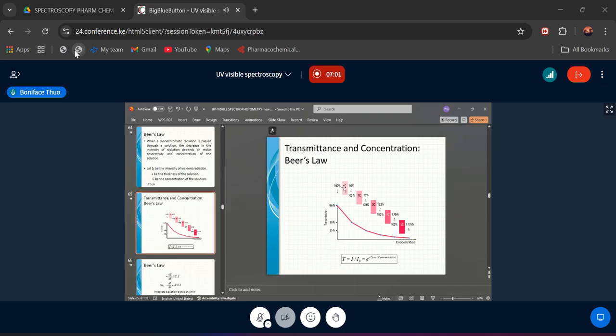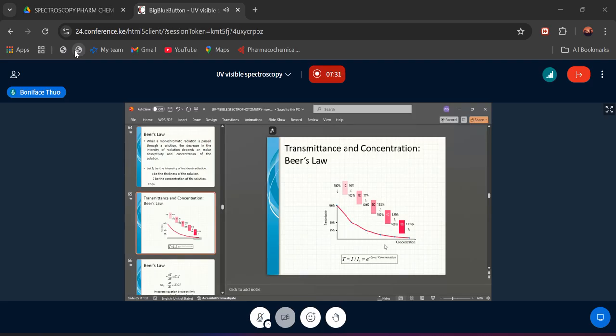If you had several concentrations of the same solution and you measure the absorbance after doubling the concentration, you find that the transmission, the amount of light transmitted through the samples, decreases by a half for every doubling of the concentration of solution.